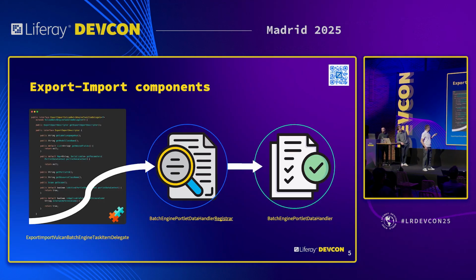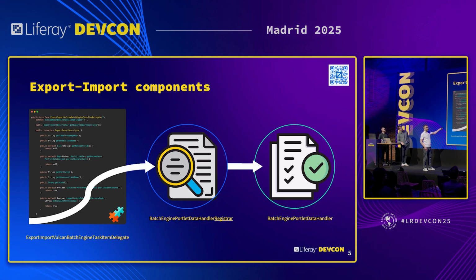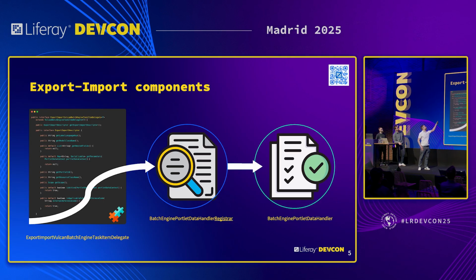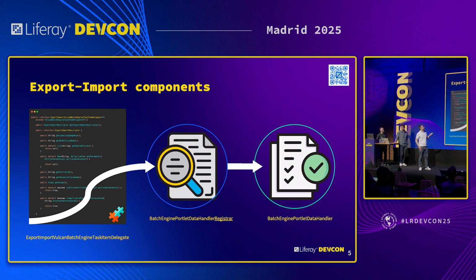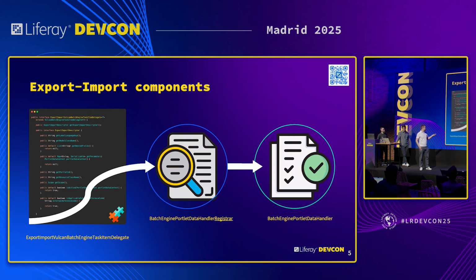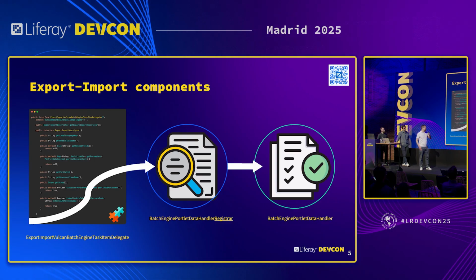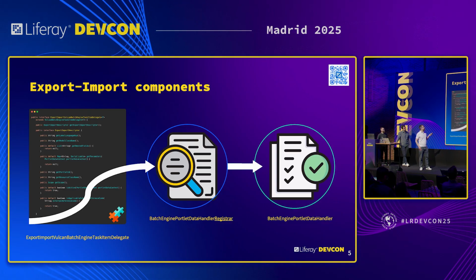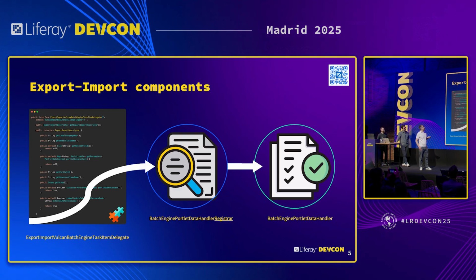So the process starts here. This is your API. You can implement this interface called ExportImportVulkanBatchEngineTaskItemDelegate. Quite a good name. We are good at naming.